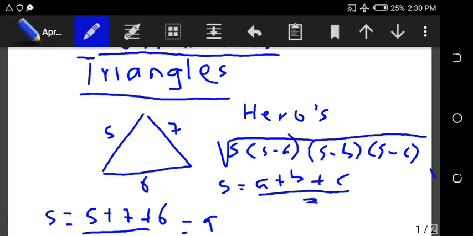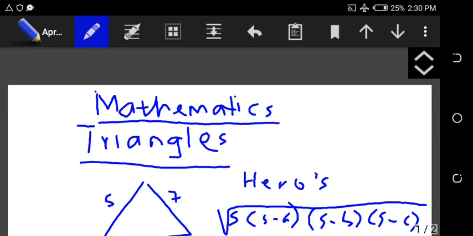You sum up the three sides, divide them by 2, that will give you the S, and then you go back to the formula, or the Hero's formula, put the values, and you have your answer. And of course, don't forget to include your unit, your squared units, cm squared, meter squared. So this is what I want us to know.